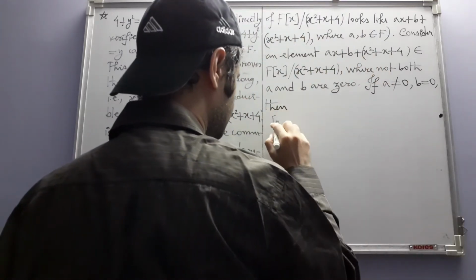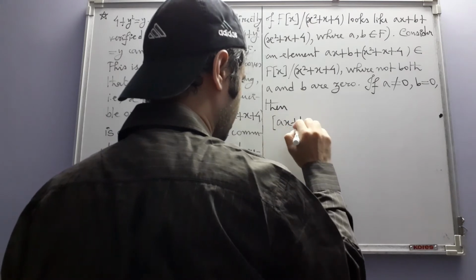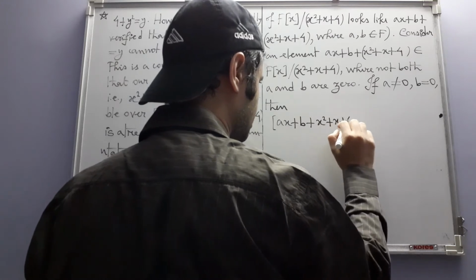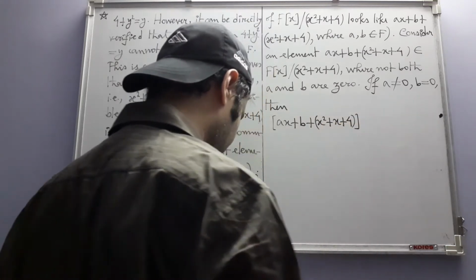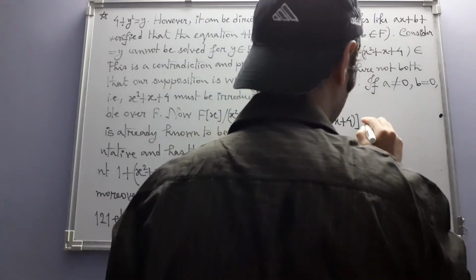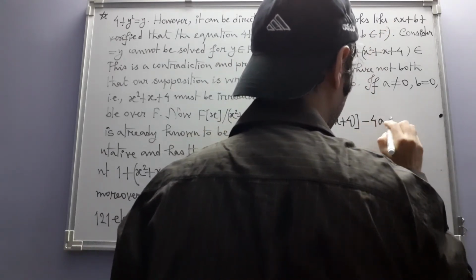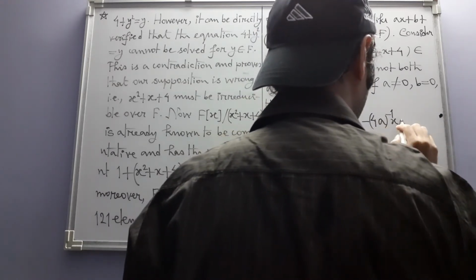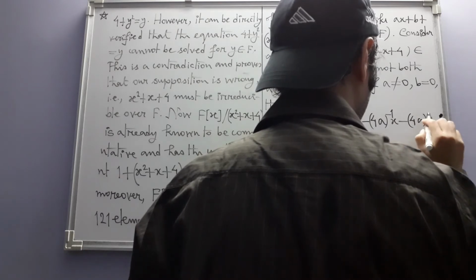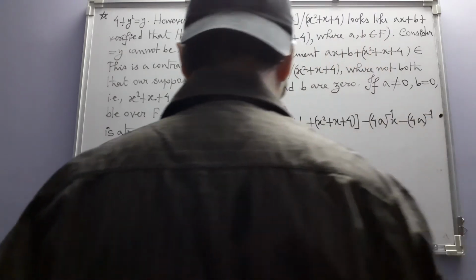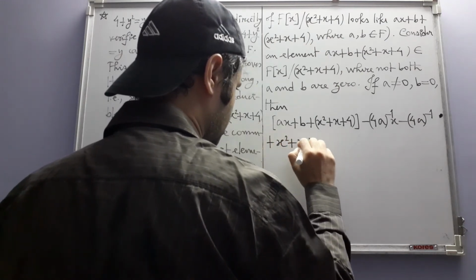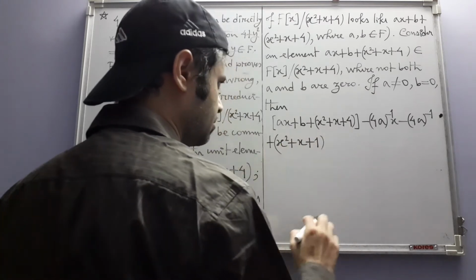Then look at this calculation: ax plus b plus x square plus x plus 4, times minus 4a inverse x minus 4a inverse plus x square plus x plus 4.